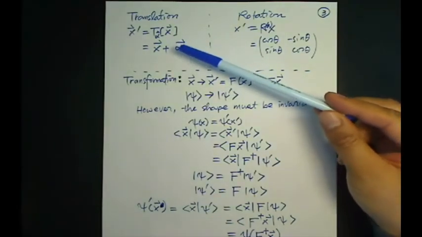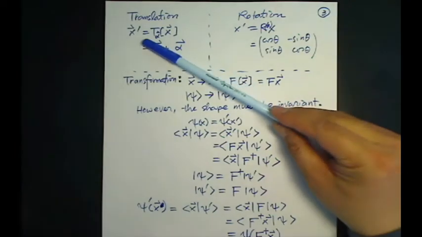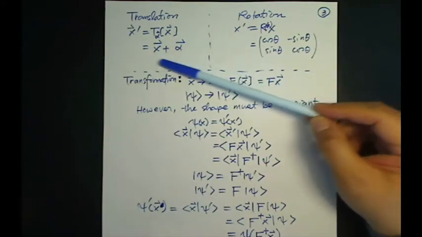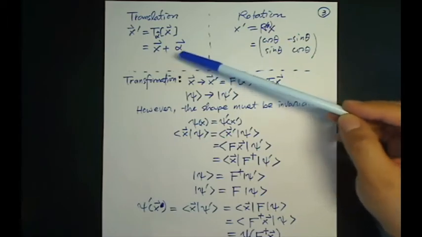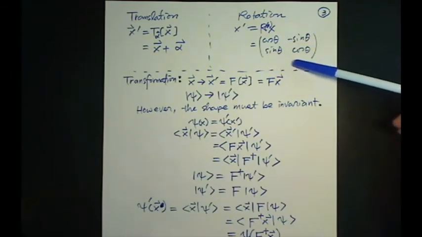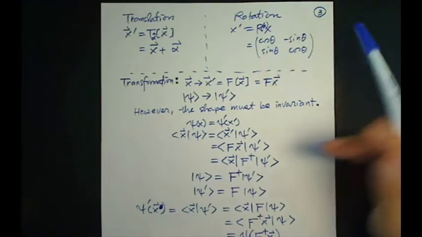Okay, if you translate a particle at point x by plus alpha, then what we really need to do is the position addition. If you rotate a column vector about the z-axis, then the xy components will change like this.